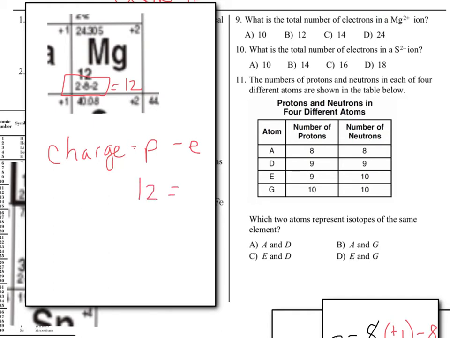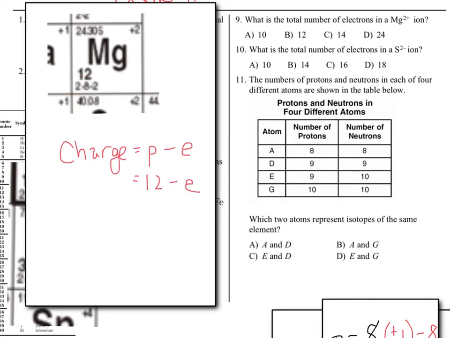We're looking for the electrons, so we'll just call them E for now. The charge is +2. If we solve this algebraic equation, we'll find that the number of electrons is equal to 10. Remember, since electrons have a negative charge, ions that are positive have lost their negative electrons, and ions that are negative have gained their negative electrons.